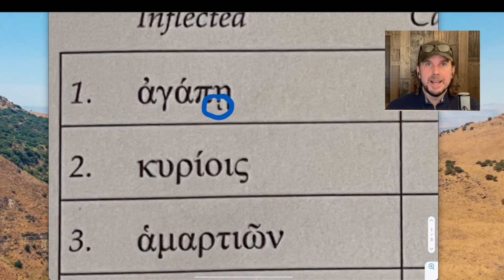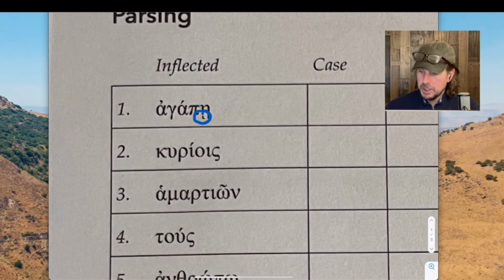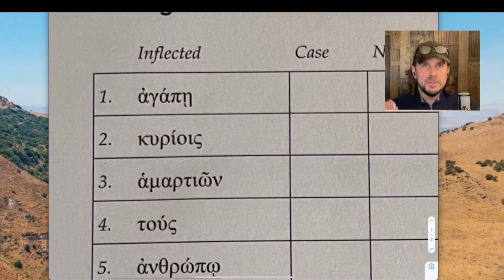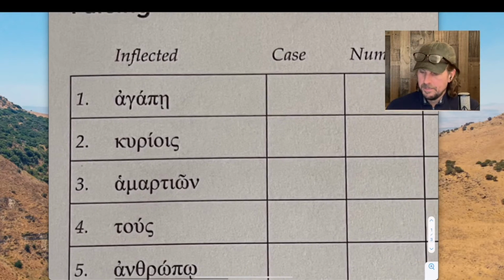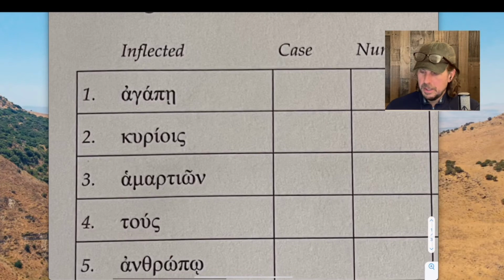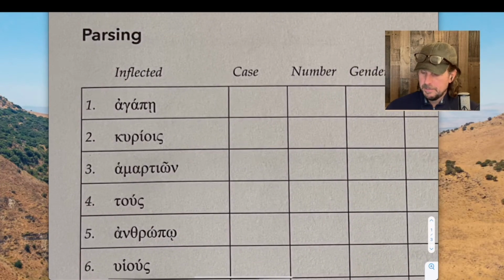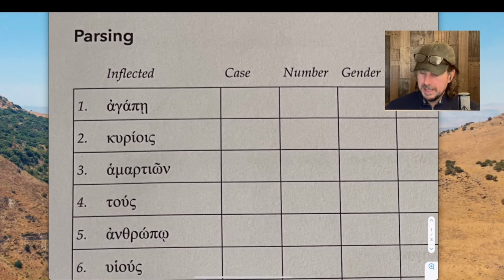That tiny little letter, that is what we call an iota subscript. The iota can subscript under an omega or under an eta and even under an alpha. But right now we're interested in it under an eta.